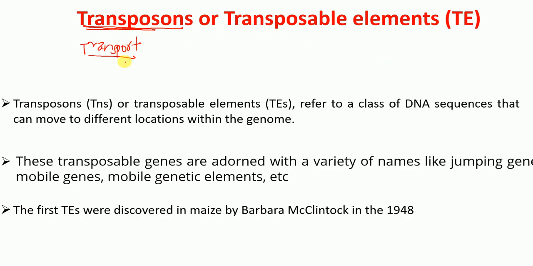So basically, what are transposons? Transposons or transposable elements refer to a class of DNA sequences that can move to different locations within the genome. So if we have a genome DNA, let's say this is the DNA sequence. This can move within the genome. It can go here.